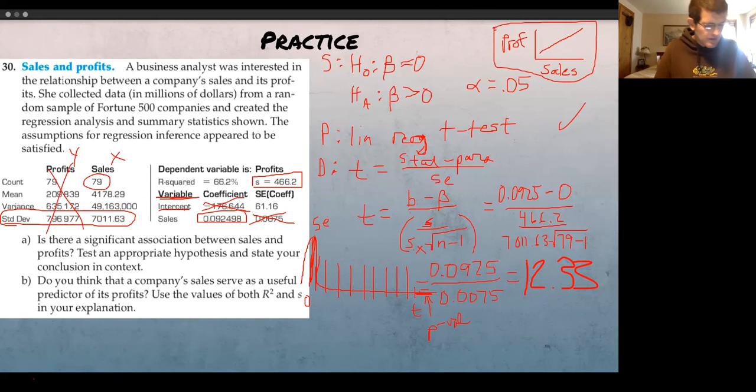This is a t distribution. We're trying to find the area under the curve. So this is going to be a CDF function, and specifically a t CDF, and I can plug in knowing that I'm going from 12.33 to positive infinity. Those are my bounds. And my degrees of freedom, well, what is the degrees of freedom going to be?